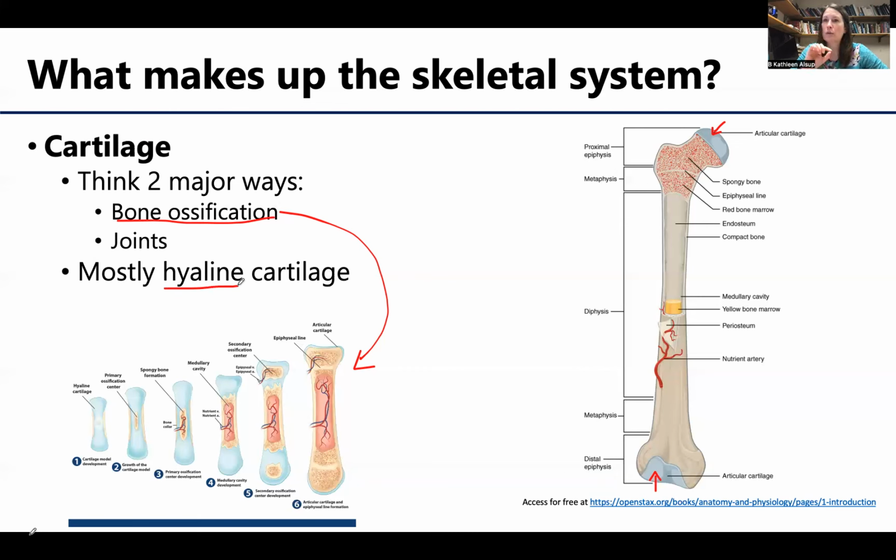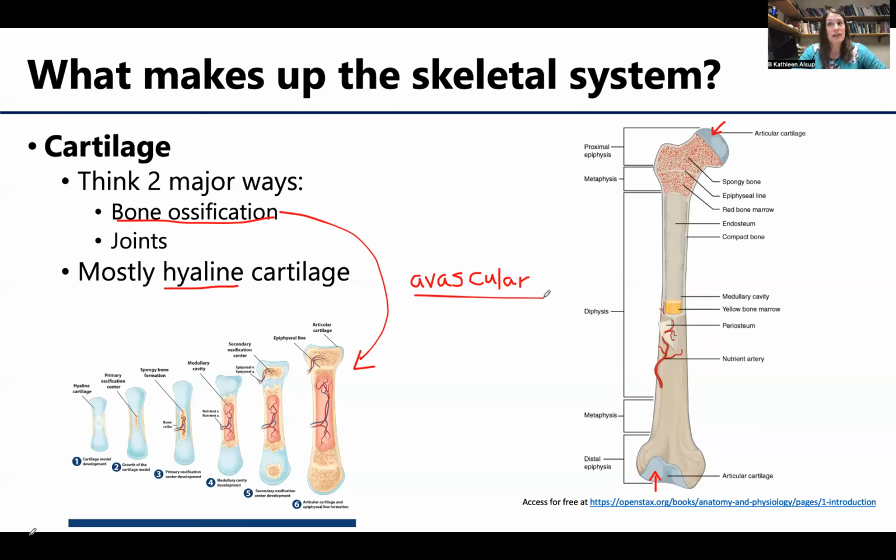And another thing I want to note about cartilage before we move on is that it is what's referred to as mostly avascular. A as in the letter A, avascular. And this is an important concept because most of the skeletal system actually has a very rich vascular supply. Cartilage does not. And that means that either there's no blood supply or a poor blood supply.